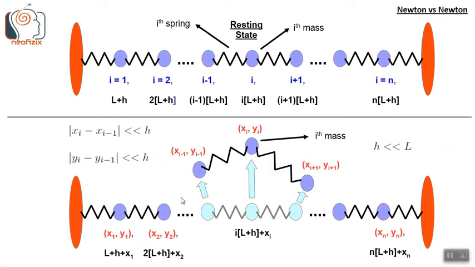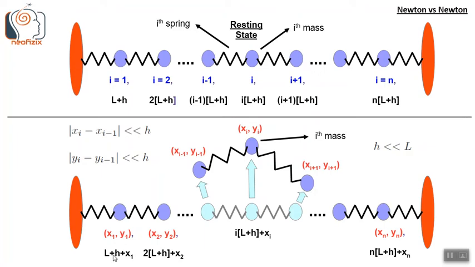So after some disturbance, the new x-axis distance of the ith mass is I into L plus h plus xi. So on top, in the resting state, the x-axis distance was just I into L plus h. Now it has got an extra factor. Now the distance is I into L plus h plus xi in the disturbed state. So this plus xi is the extra factor.